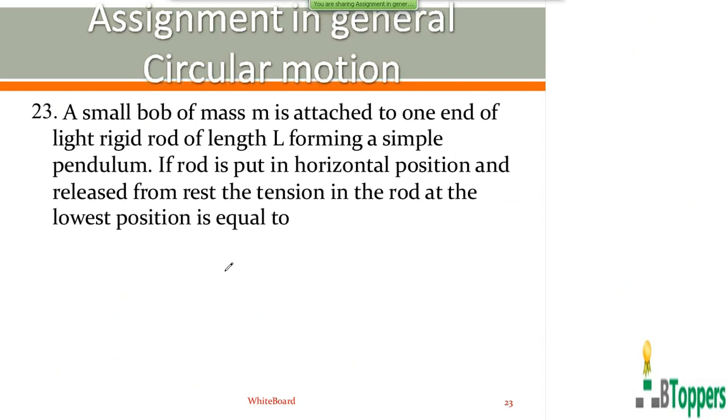To find the magnitude of tension in the rod at the lowest position, you have to find the magnitude of the velocity of the bob at the lowest position by applying conservation of energy. The rod is initially put in the horizontal position, then released from rest. The velocity of the bob in the initial position is 0.